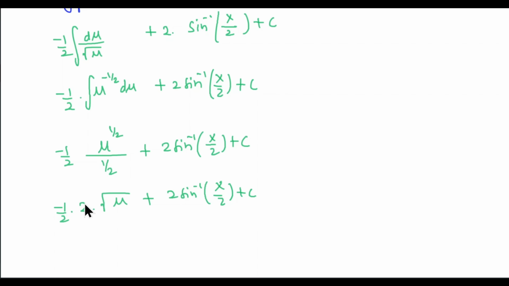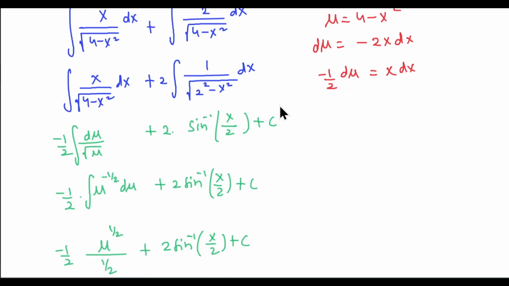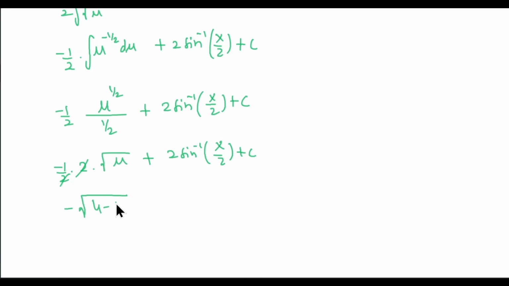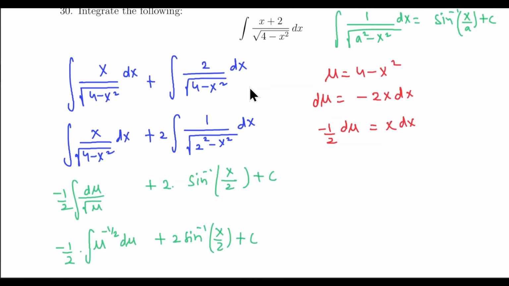Okay, finally these two are gone, and I'm just going to put the u now. And what was our u? 4 minus x squared, as we can see. So final answer is this, plus most important guy, c, plus c over here. So that should be our final answer, guys. I hope you understand this question and maybe like this question as well.